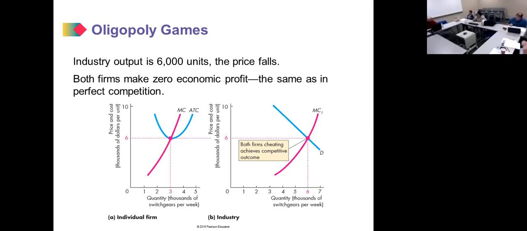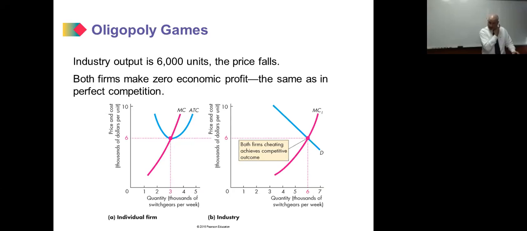Would it be because their marginal cost is meeting the demand curve? Well, you see that the average total cost, no firm, if you look here, would produce more than 6,000 units.